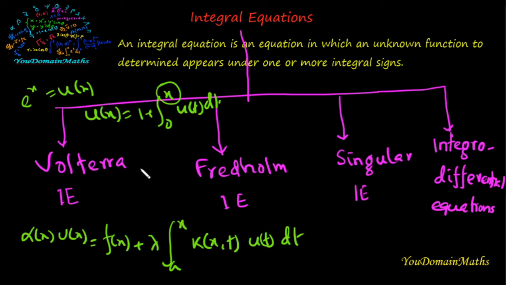Now if alpha equals 1, then this equation can be written as u(x) = f(x) + lambda times the integral from a to x of the kernel K(x,t) u(t) dt. This is the standard form of the Volterra integral equation of the second kind.